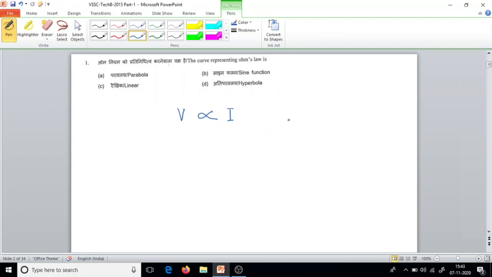So if you draw a plot between the voltage and current, with current on one axis and voltage on the other, we will get a straight line like this. So the answer is linear. The curve representing Ohm's law is linear.